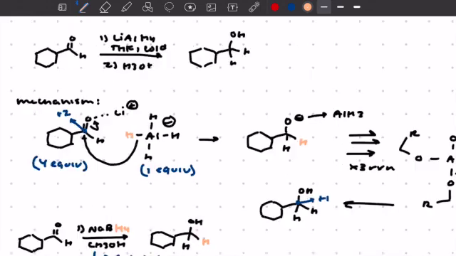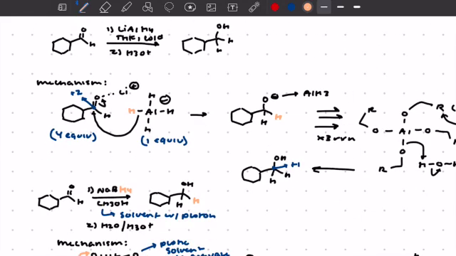So here we're going to be using an aldehyde, and this one's a little more strange considering that the equivalence is going to be a little off. So we're using 4 of the aldehyde molecules per 1 of the aluminum hydride molecules. The bond between hydrogen and the aluminum hydride is going to attack the carbonyl.